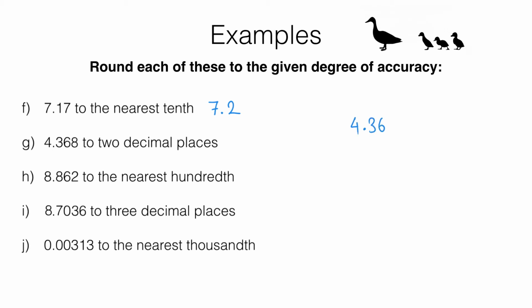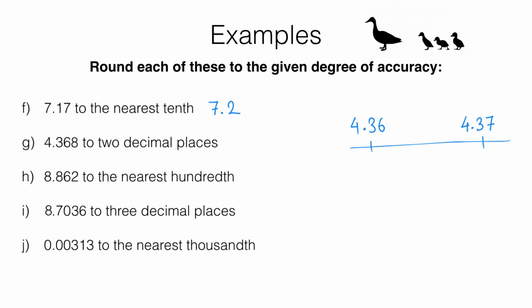So we've got 4.36, that's just a bit less than this value. And then going up in steps of 1/100th gives us 4.37 as the next number I want to mark on my number line. And 4.368 is in between these two numbers. It's bigger than 4.36, but it's less than 4.37. Now, is it closer to 4.36 or 4.37?